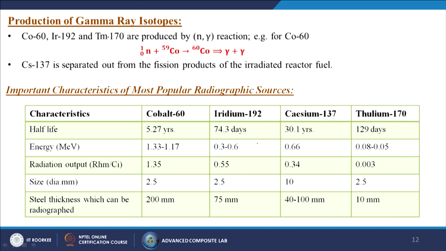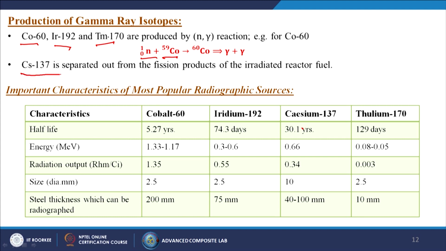Now, production of the gamma ray isotope. Generally cobalt 60, iridium 192 or thulium 170 are produced by n,gamma reactions. For example, for Co-60: n plus cobalt 59 gives cobalt 60, which gives gamma plus gamma, meaning it is generating the gamma rays over there.